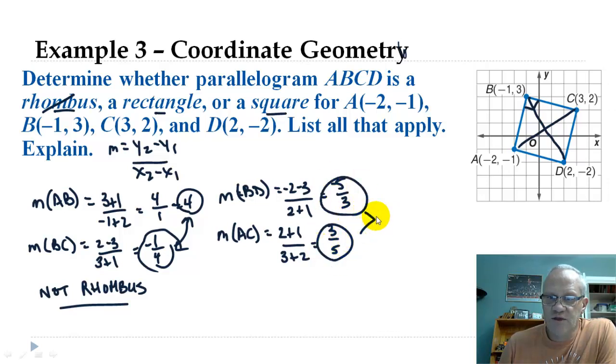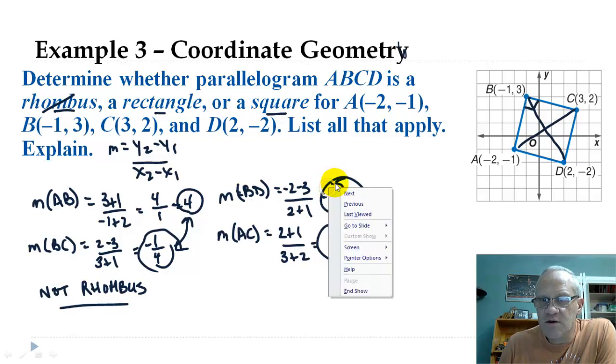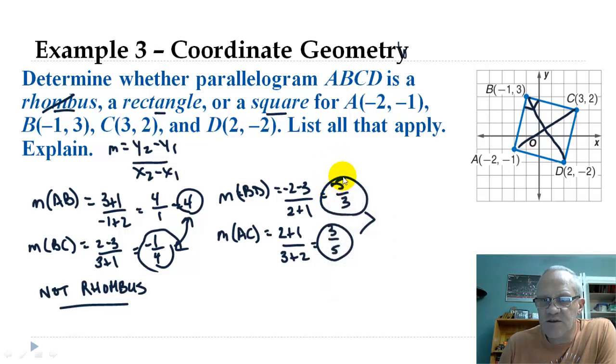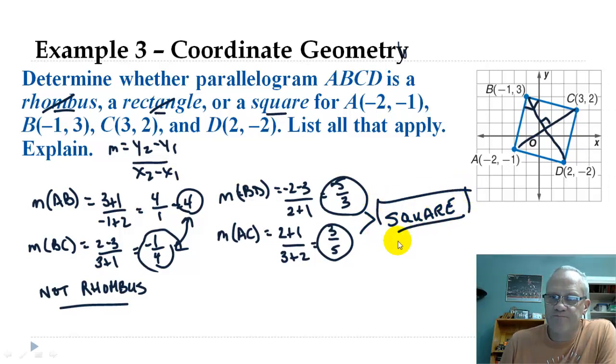Are these two negative reciprocals of each other? There's a negative sign there, I almost lost it. So yes, these are negative reciprocals. So that means this is 90 degrees as well, which happens in a square, not in a rectangle. So this is not a rectangle. So what we just proved here is this has to be a square.